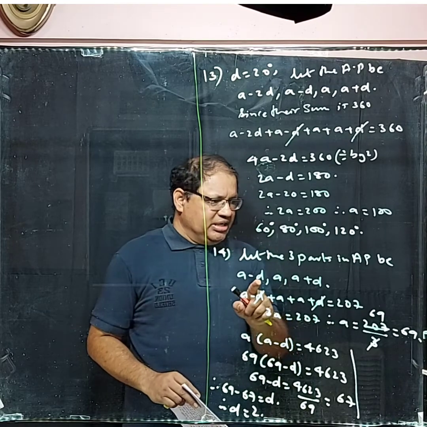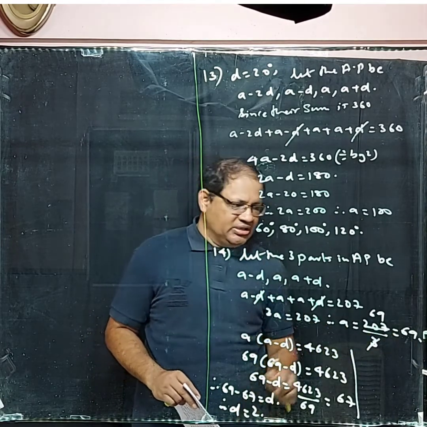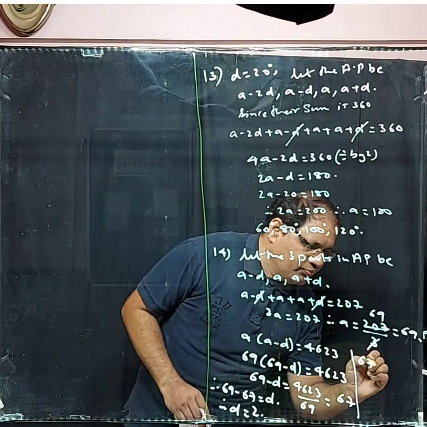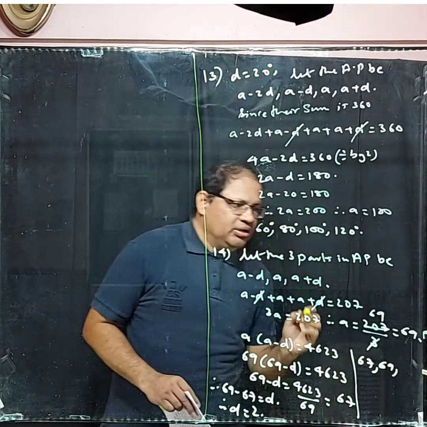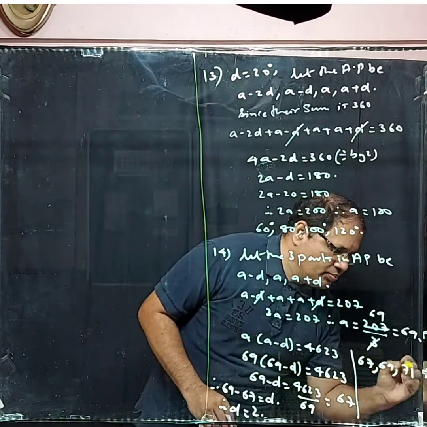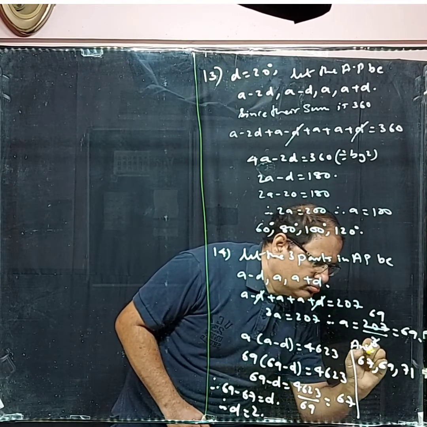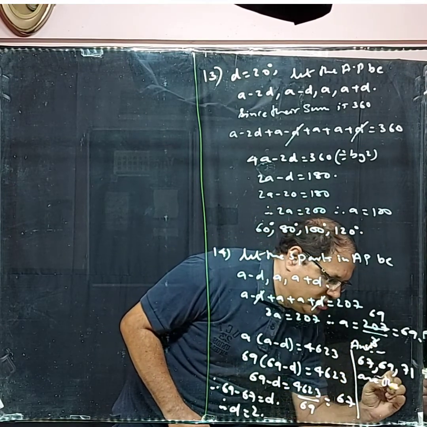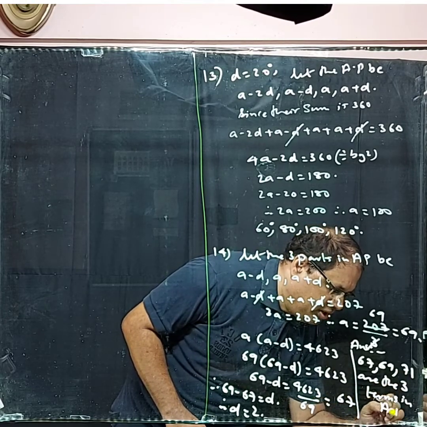So a minus d, that is 69 minus 2, that is 67. Then a, that is 69. Then 69 plus 2, 71. Answer: 67, 69, 71 are the 3 terms in AP.